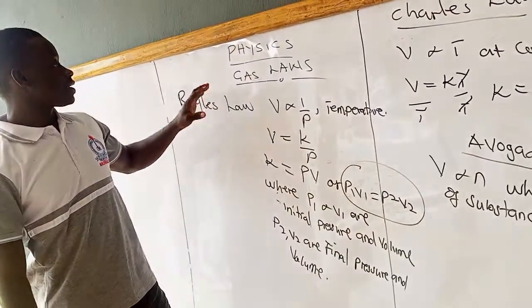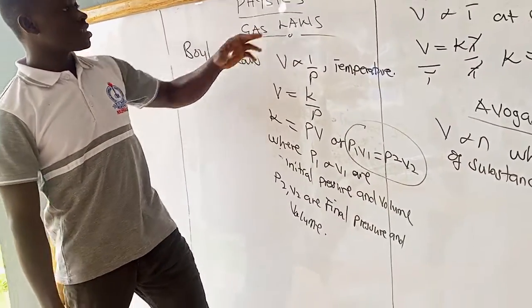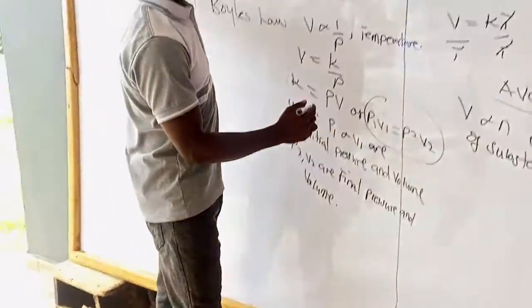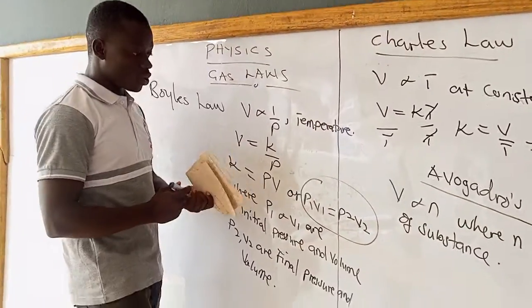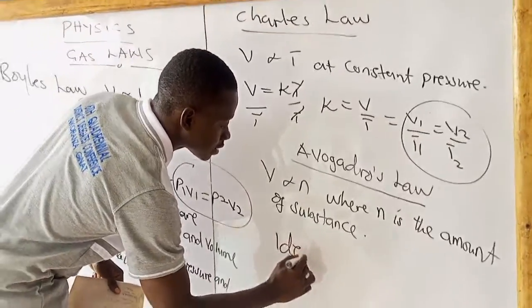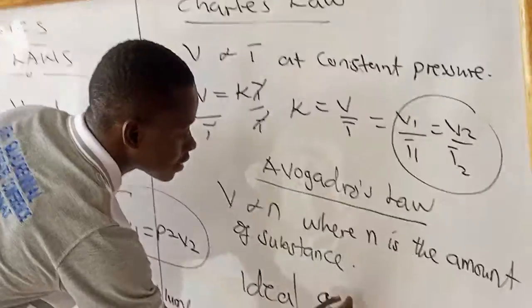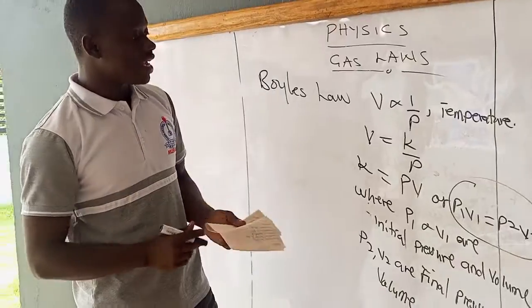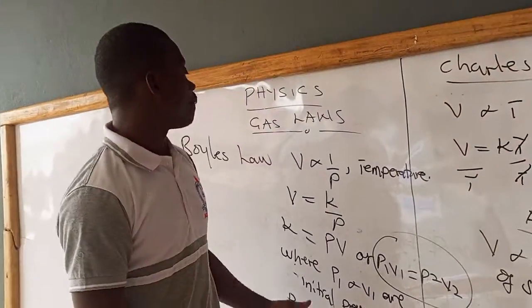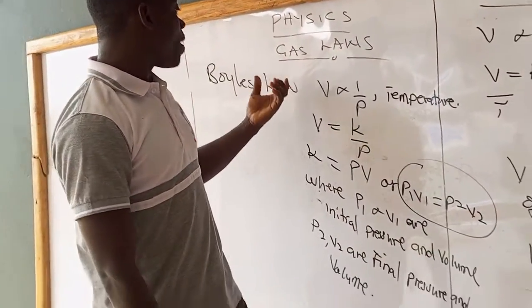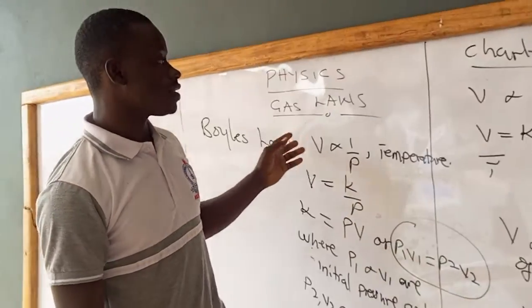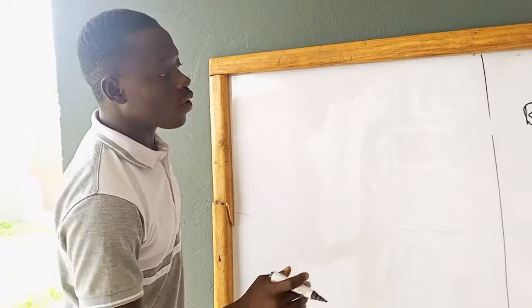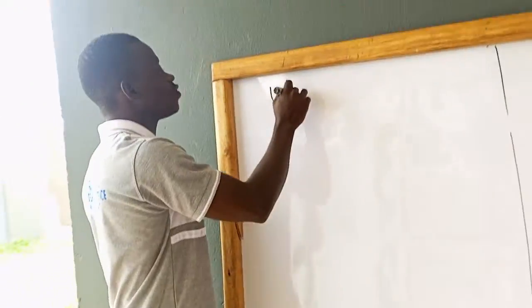So when you take Boyle's law, Charles' law, and Avogadro's law and you combine them, you will get what we call the ideal gas. We are saying the gas is ideal because it obeys all the three gas laws.